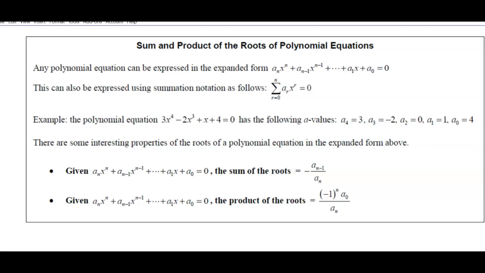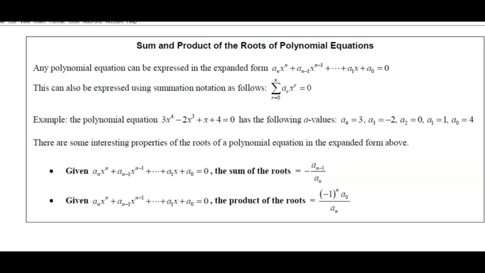And then you go down all the way to the constant term. You might not have all terms. Maybe you don't have an A naught, it's 0 then. Maybe it's x to the 5th, and then it goes right to x cubed. That means x to the 4th has an A value of 0. So just fill it in like you do for synthetic division.